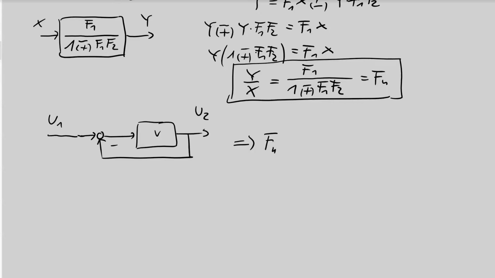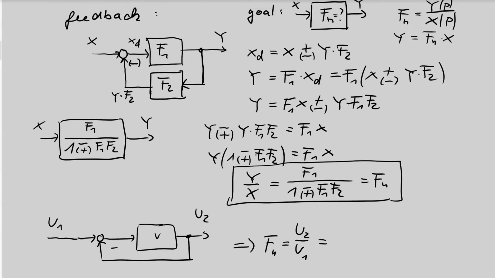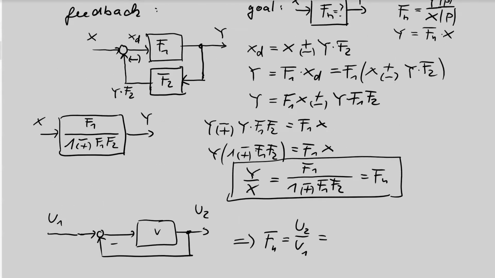F nu, the voltage gain U2 over U1, is what? This is a feedback structure. Very simple to this. Only F2 is missing. It's not missing. F2 is just a line. And if you have no F2 in this line, then F2 is 1.